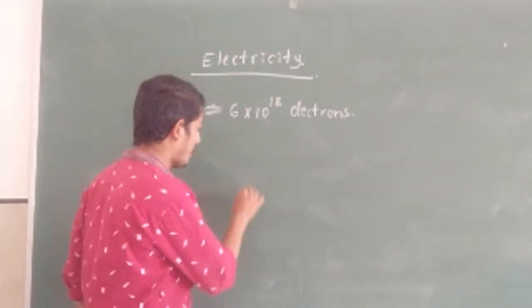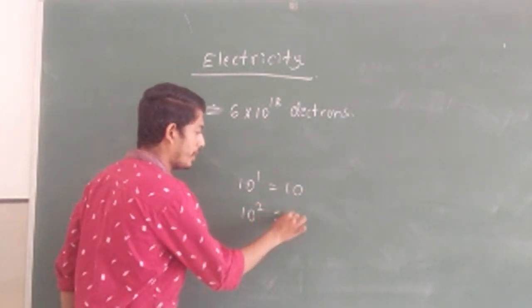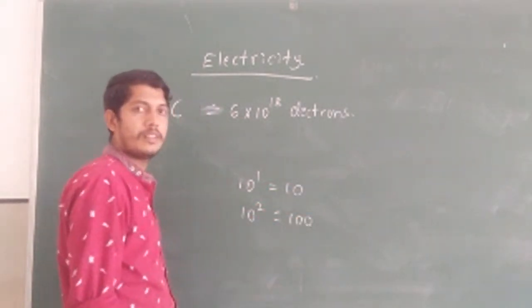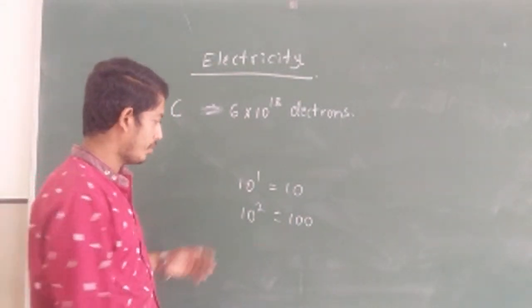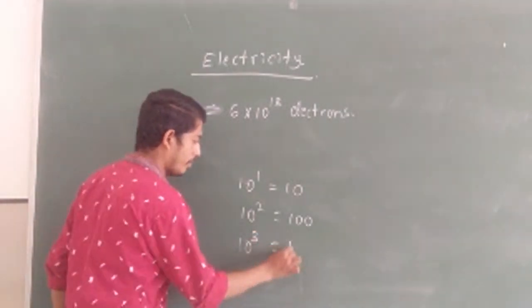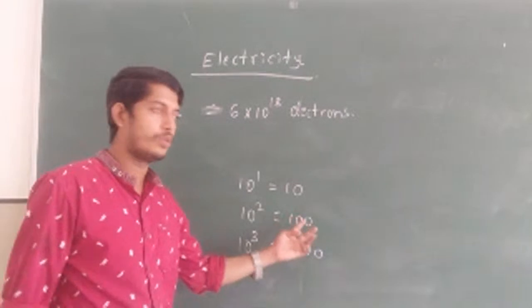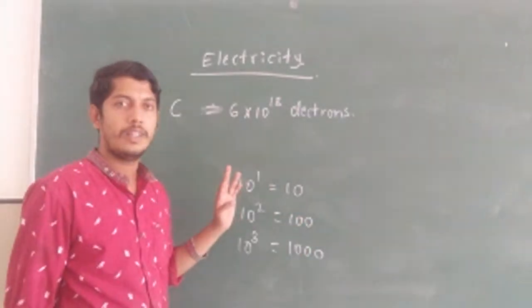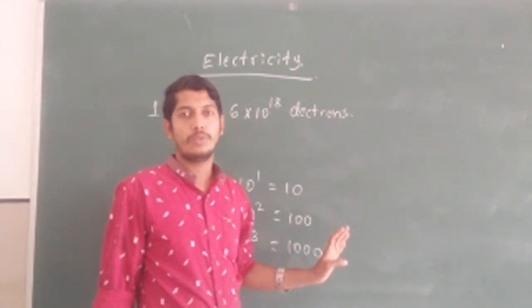For example, 10 raised to 1 means 10, 10 raised to 2 means 100, and 10 raised to 3 means 1000. The power tells the number of zeros. So 10 raised to 18 means in front of 1 we put 18 zeros.